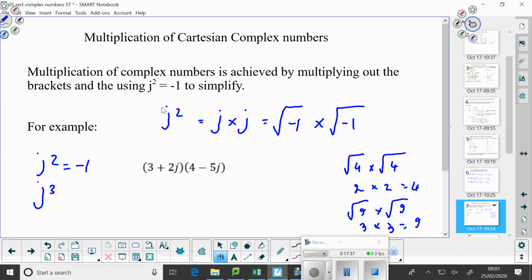What is j squared? It's minus 1. Now if j squared is minus 1, this bit is minus 1 times j.